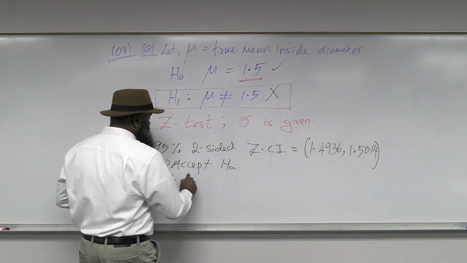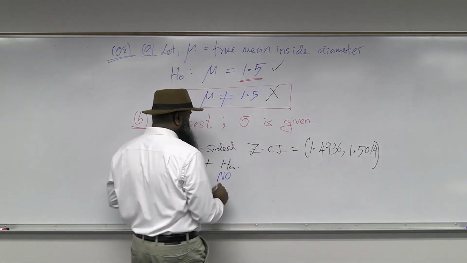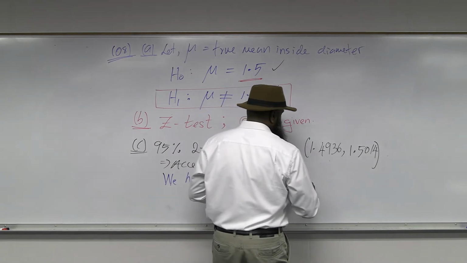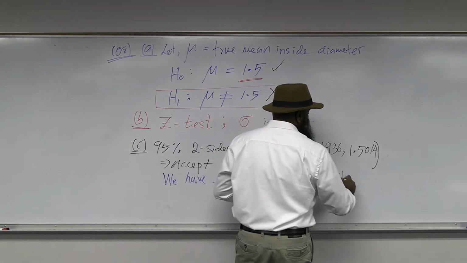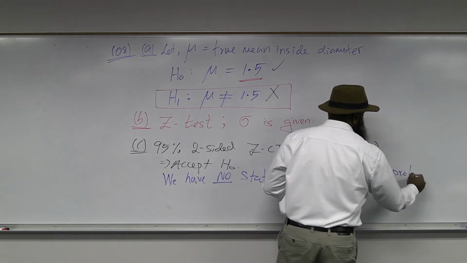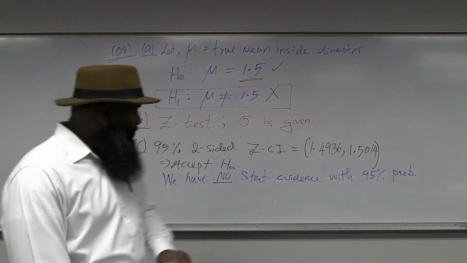We have no statistical evidence with 95% probability. 95% because this confidence interval is a 95% confidence interval.